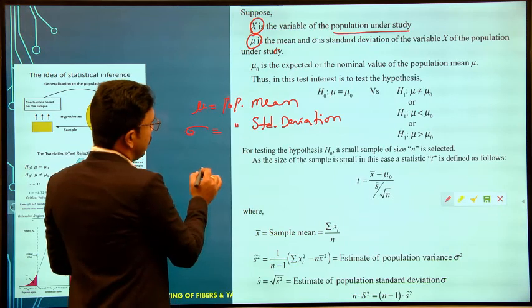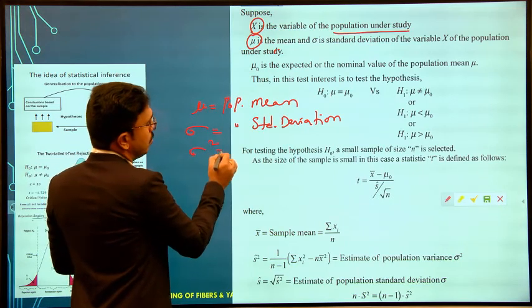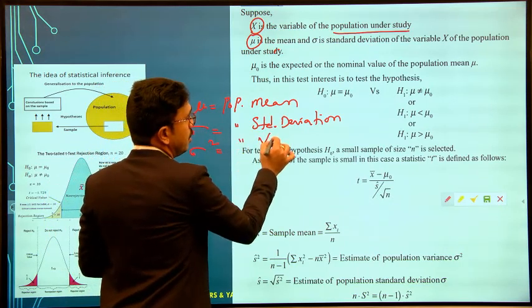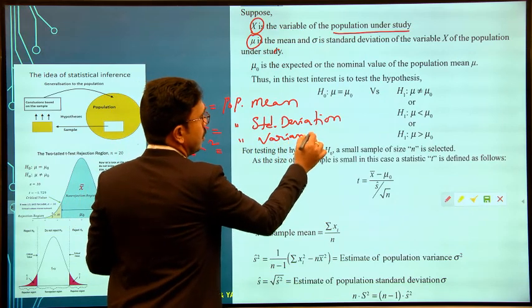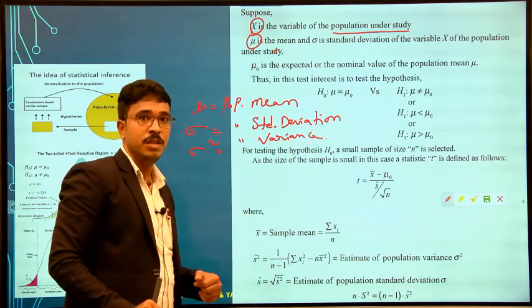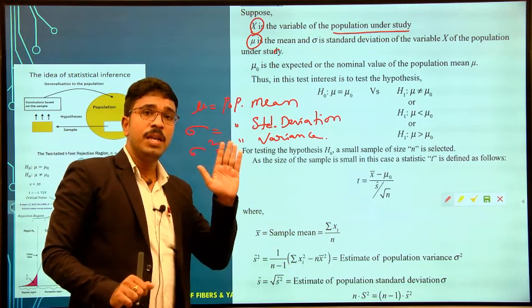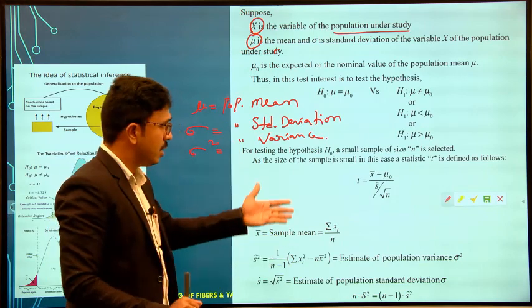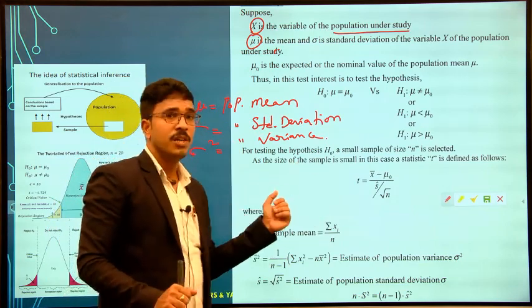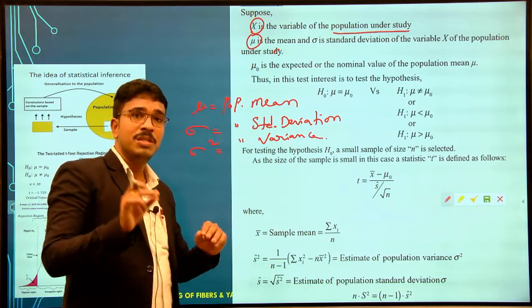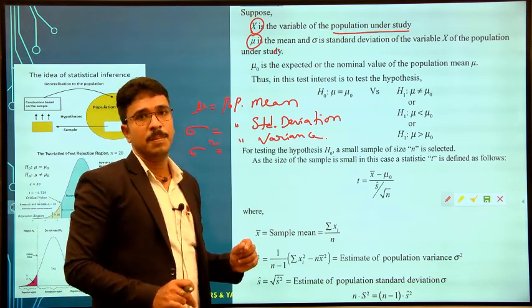In the same way, sigma square represents the population variance. You need to be very clear on this. Otherwise, even though you choose the formula, you are unable to substitute the values in it.